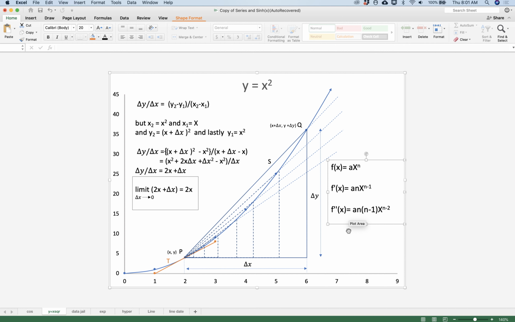This rule here is basically what's used when people find the derivative for a polynomial. We don't usually go through the whole process of taking limits over and over again, because we've found that this is a generally acceptable approach that applies to every polynomial and applies according to this pattern or rule that we presented here.